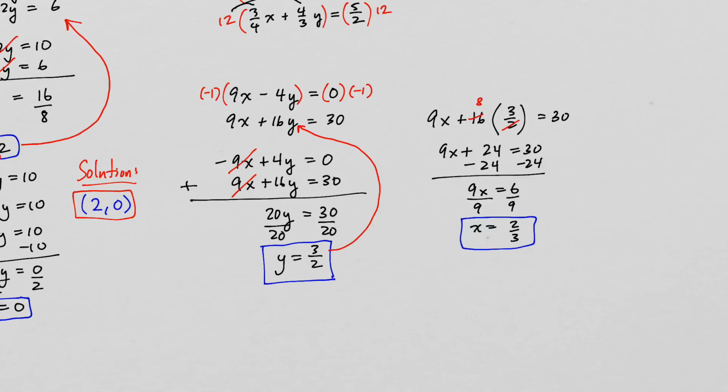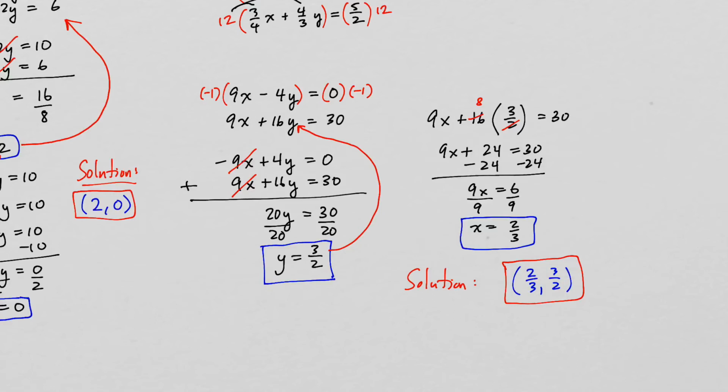And so the solution here is x equals 2/3, y equals 3/2. And you have to be careful in the end because sometimes students will get these solutions backwards. Remember, x always goes first and y always goes second.